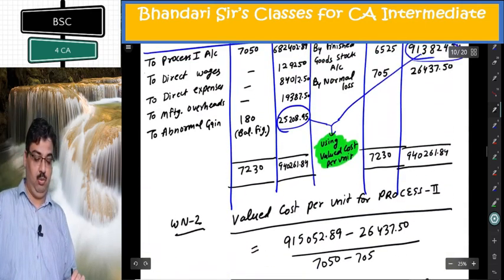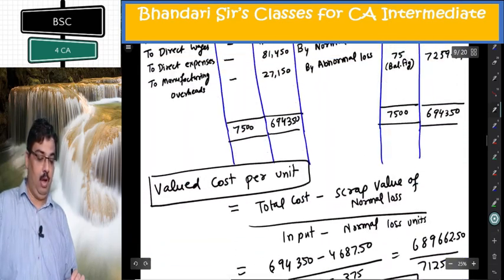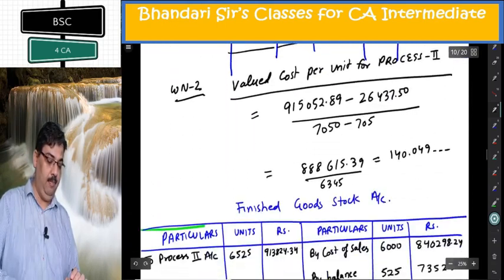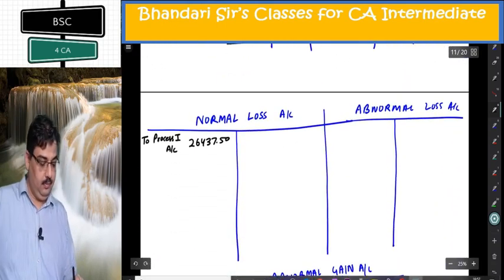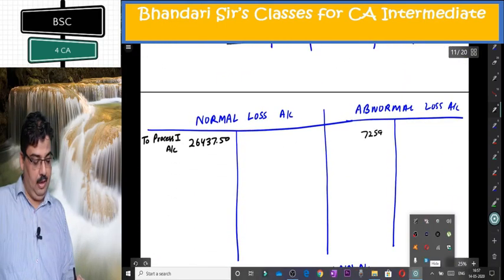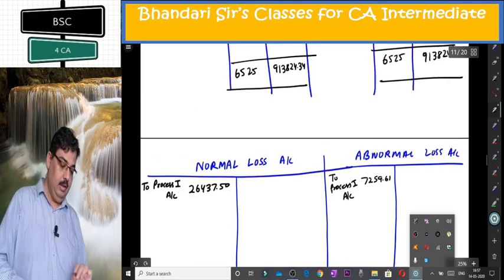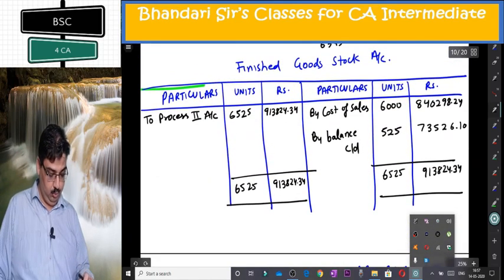In first process, what else you got? You got abnormal loss 7259.61, process 1 account. Then from process 2.